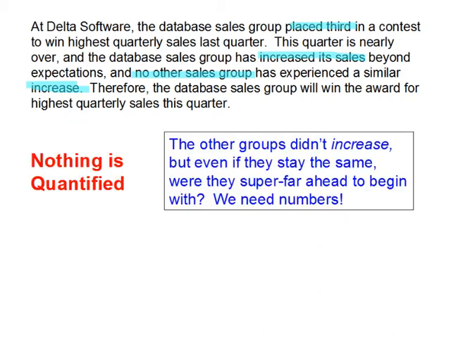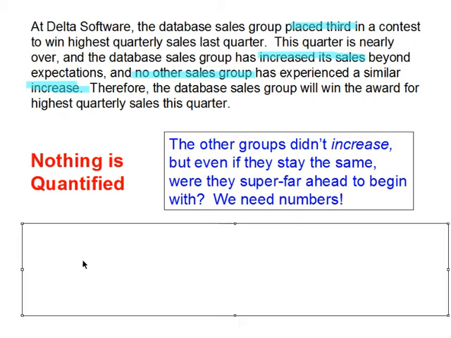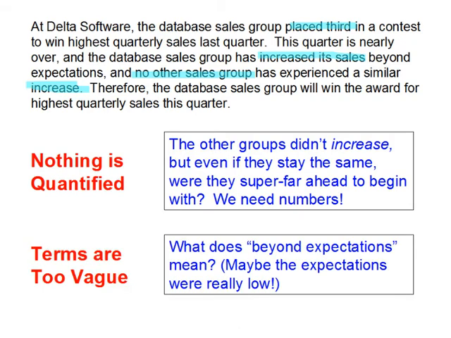So we could question the numbers here. There's no numbers presented, only sort of vague increases, and we don't know how the group increased relative to others.